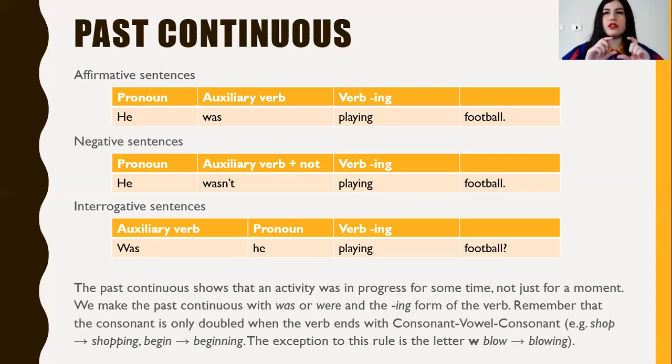Some of you were writing with double T, and that's not how it works. We're only going to double the last consonant when the verb ends with consonant, vowel, consonant. For example, shop, S-H-O-P, that's a consonant, vowel, consonant. Or begin, G-I-N. So we're going to double the consonant in those cases, and only in those cases.